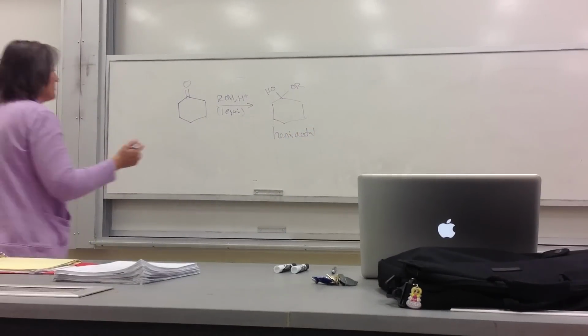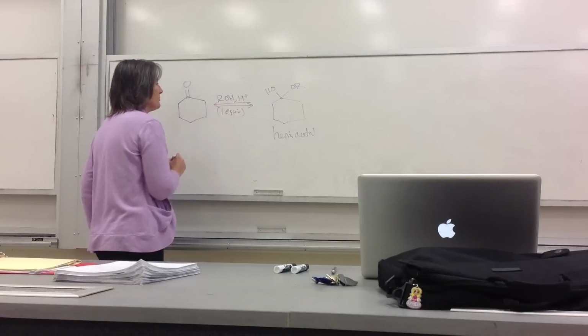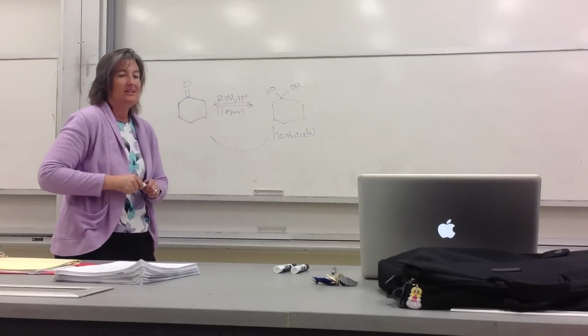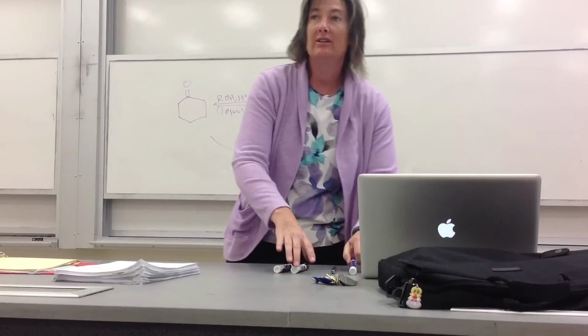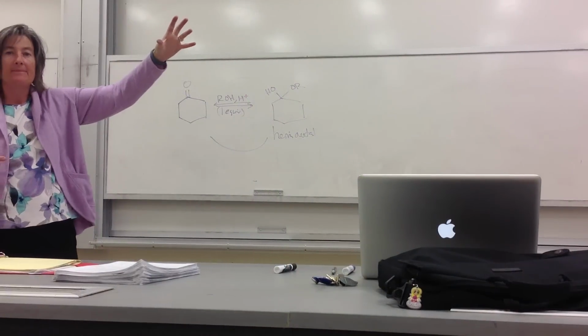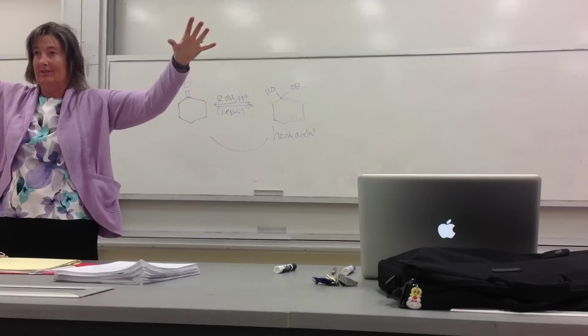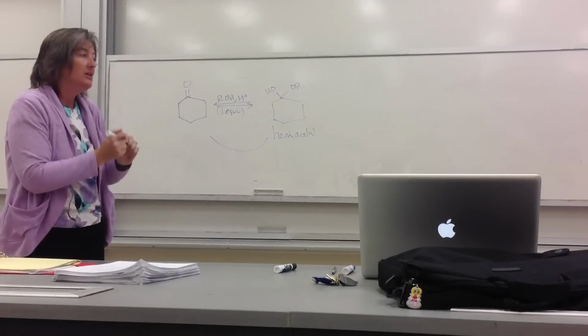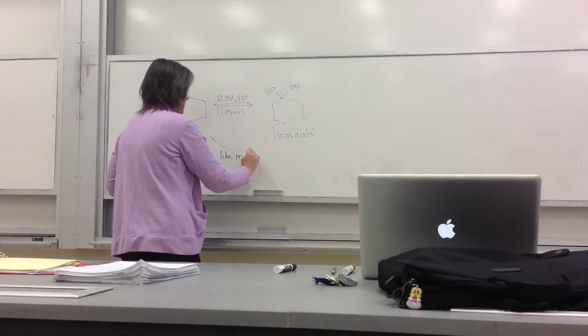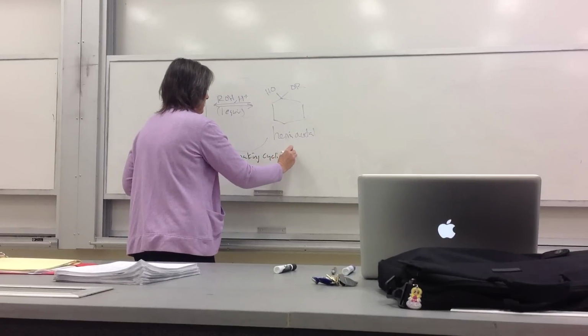There's an equilibrium between the two. It's like the sugar straight chain closing to the cyclic form. I've got my aldehyde, I've got one equivalent of alcohol at the other end, and it closes. So this is like making a cyclic sugar.